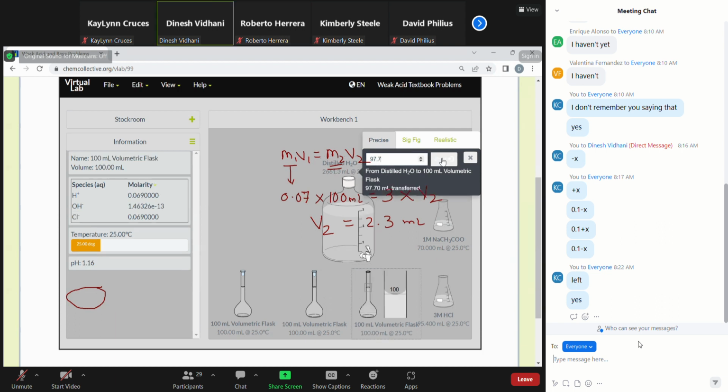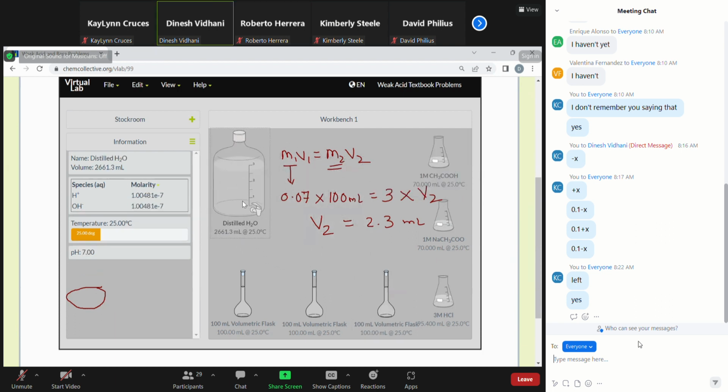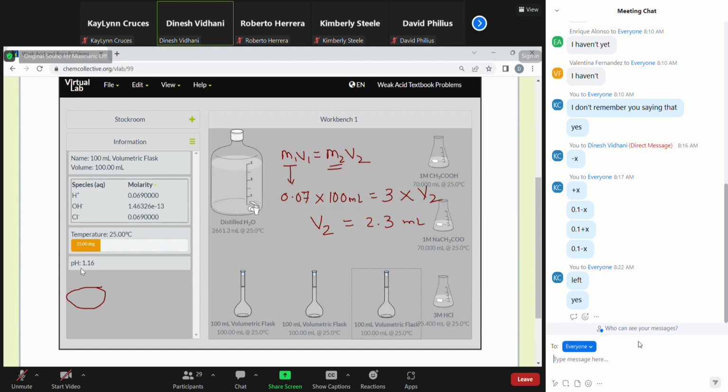Okay, I added 97.7. Guys, look at the pH. It went to 1.16. The same amount I added in neutral water, the pH drop was from 7 to 1.16.